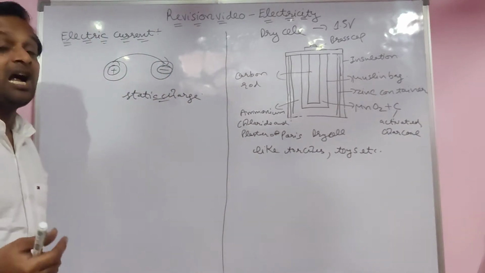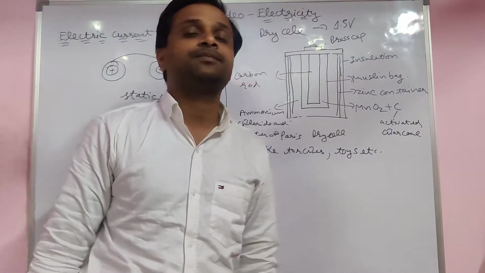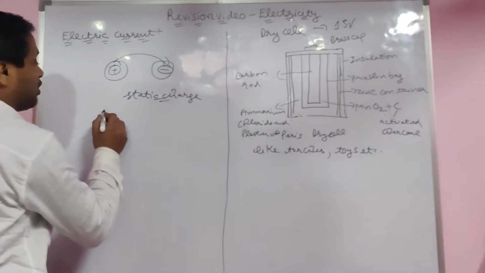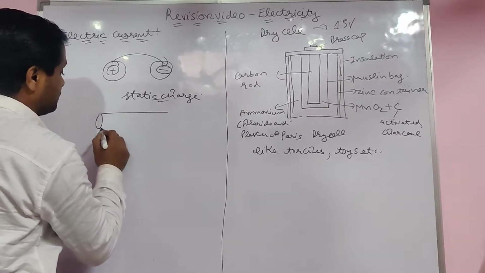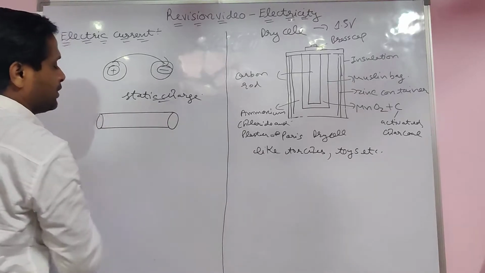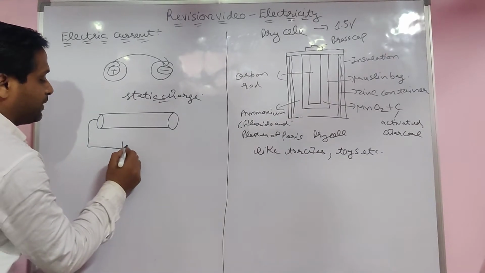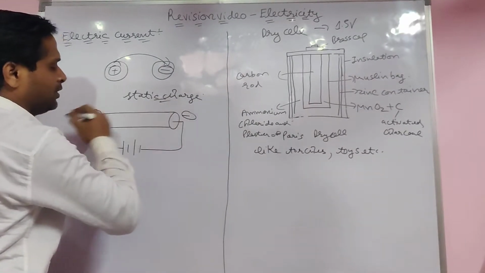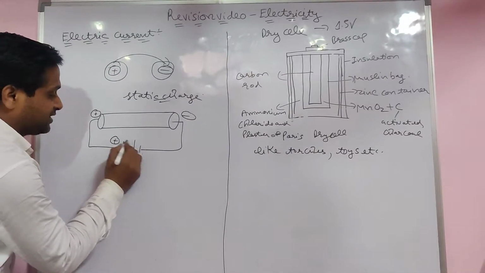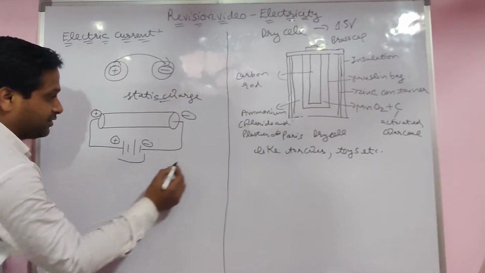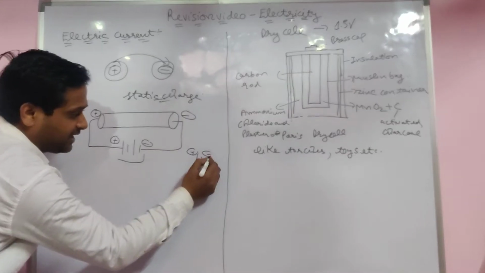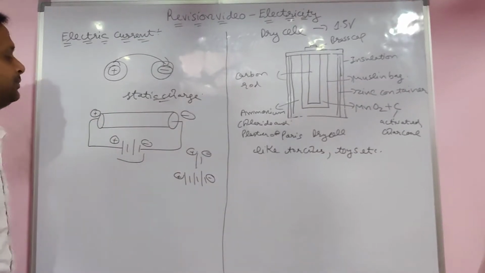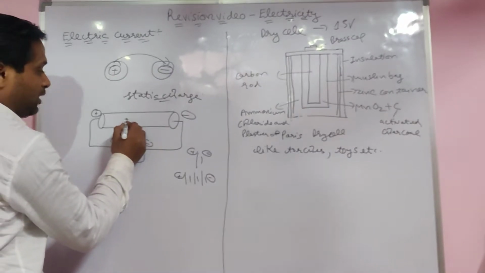But when charges start moving in one direction, that gives the electric current. For example, you have a copper wire, cylinder shaped, and you apply positive and negative. This is the symbol of the cell and this is the symbol of the battery: a group of cells together forms a battery. Atoms and electrons are there.